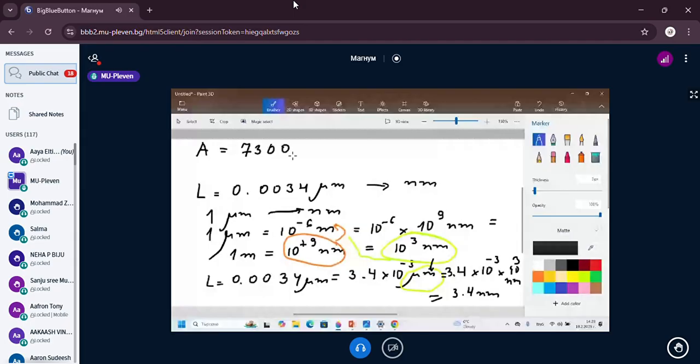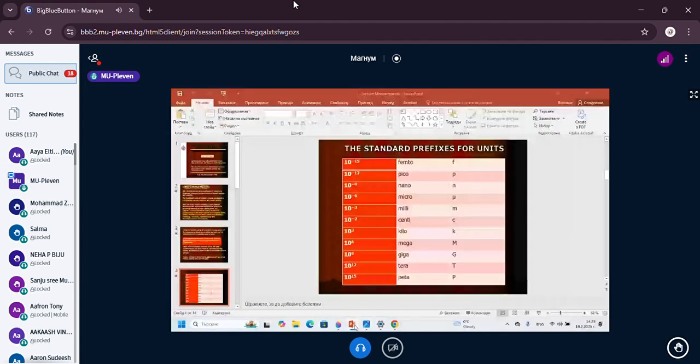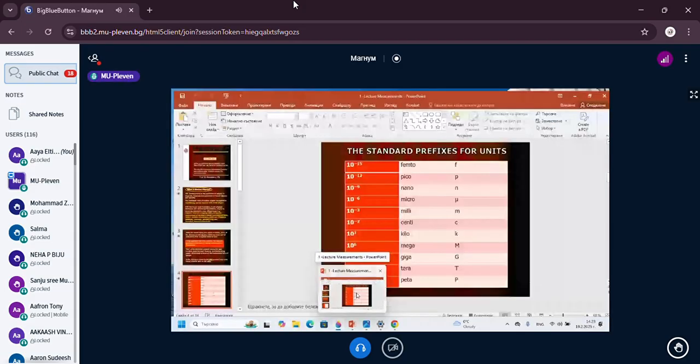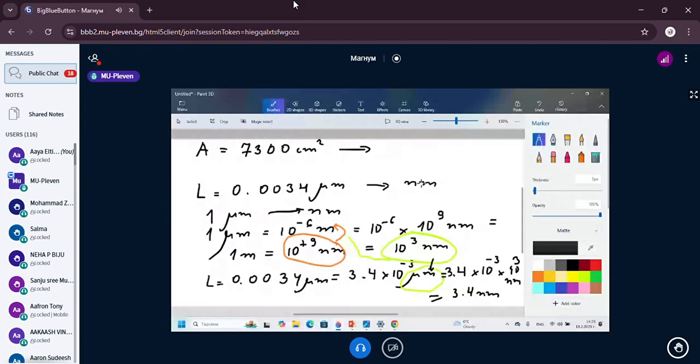Let it be centimeters squared. And this to be changed into what unit? Femtometer squared. Some imaginary situation. Femtometer squared. How to change?